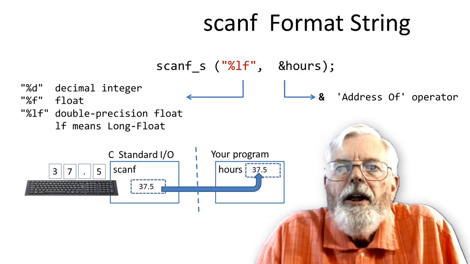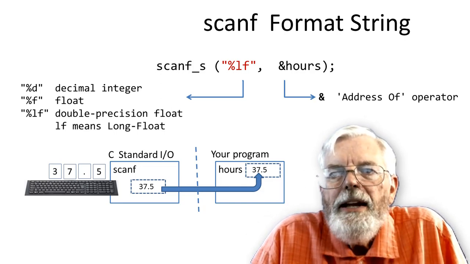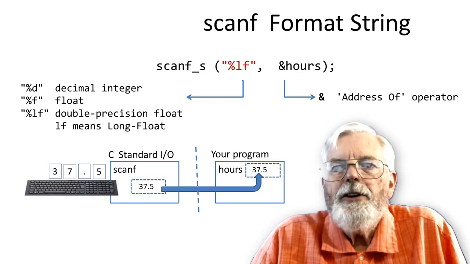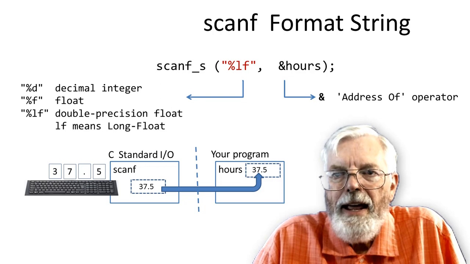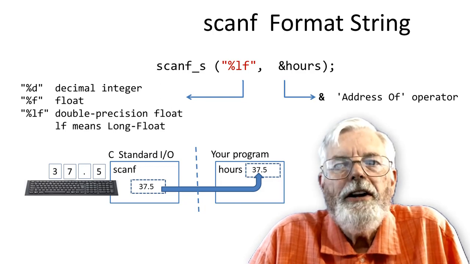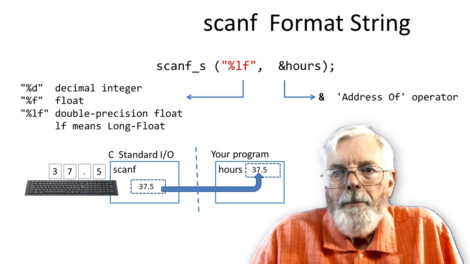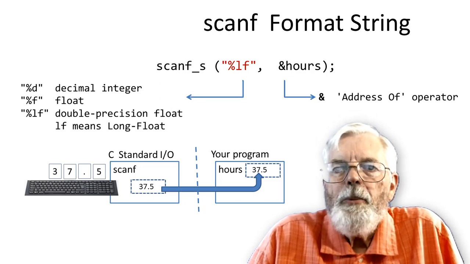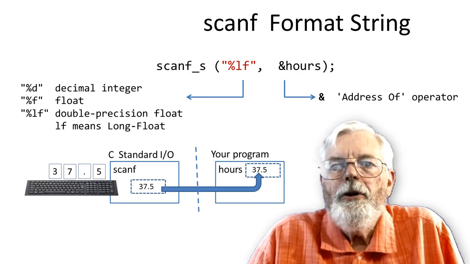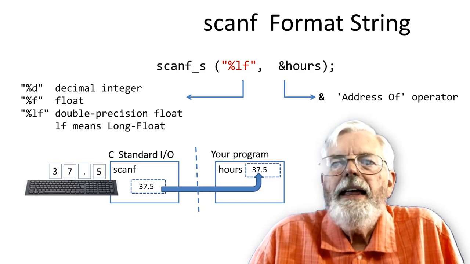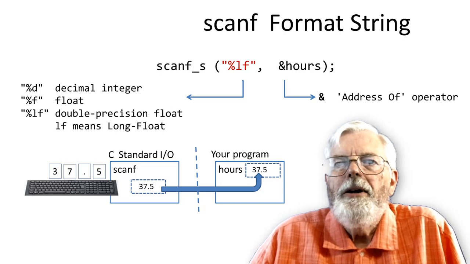For example, if the 4 characters 37.5 are entered at the keyboard and the scanf control string is %lf, scanf internally converts those 4 characters into a floating point number. Because your program is providing the memory address of its own variable named hours, scanf knows how to store the data in your part of the program.